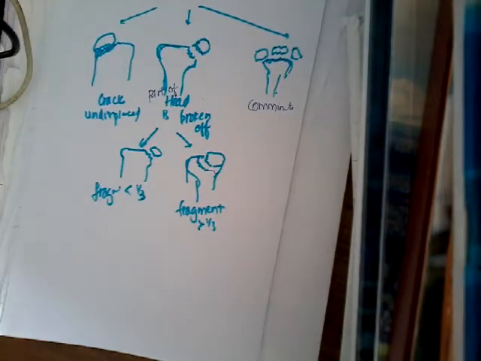Now, how are you going to investigate this fracture of head of radius? Before investigation, let us first learn about the clinical features. The patient comes with a history of pain and swelling. On examination you will feel tenderness, and the pain over here is really mild.